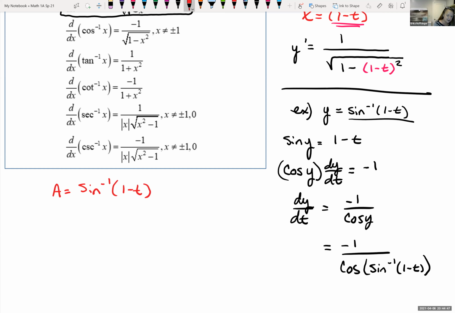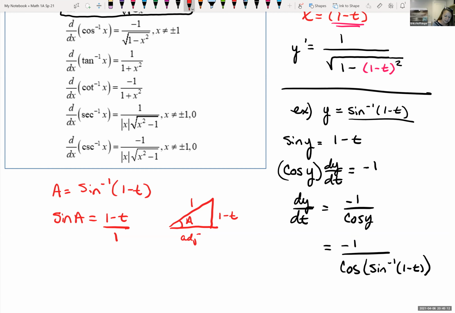I can now choose my a value to be sine inverse of 1 minus t. I can take the sine of both sides and then create my triangle. So sine of a is 1 minus t. We want to think of this as a quotient, so all over 1. Sine is opposite, so my opposite value for this angle A would be 1 minus t over the hypotenuse. Let's call this little a for adjacent.